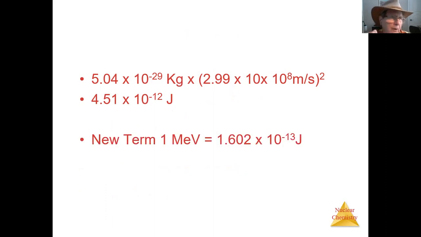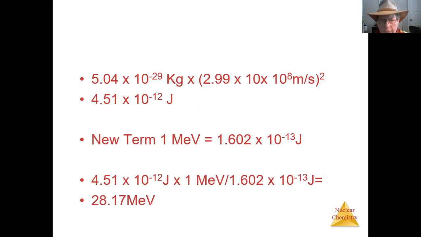Now, for whatever reason, they don't like joules. They want something that is a little more manageable. So they developed a new term called an MeV. And 1 MeV is equal to 1.602 times 10 to the negative 13 joules.